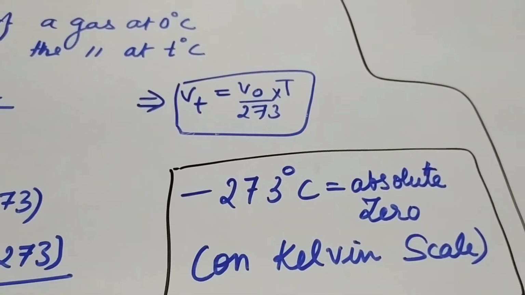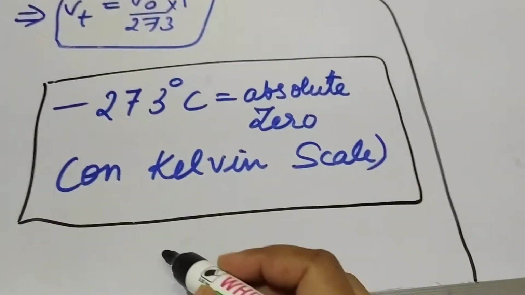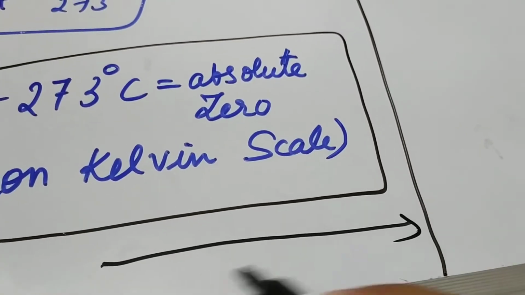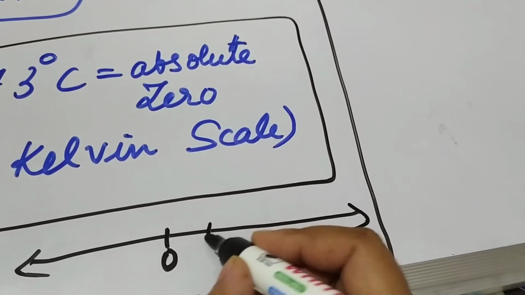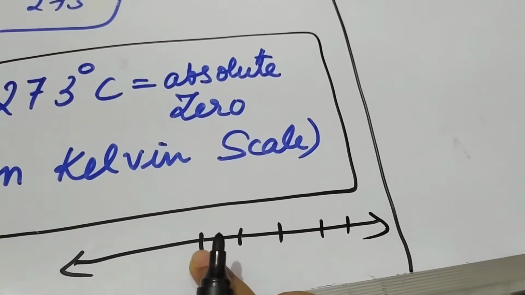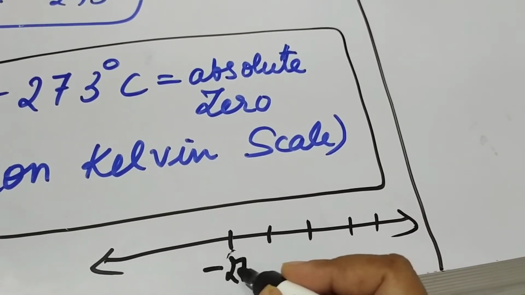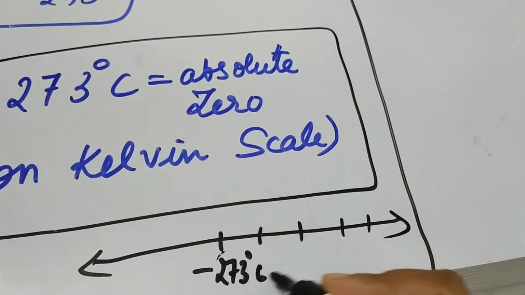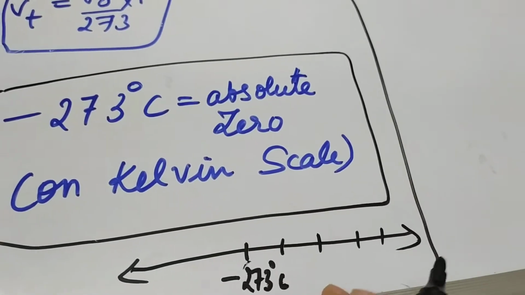Now you can think of the Kelvin scale like a ruler we use. Our ruler has 0 and then you have values as 1, 2, 3, 4 and so on. But here on the Kelvin scale, the value of 0 is given as minus 273 degrees Celsius. And likewise, it will increase by 1 on every step in the scale also.